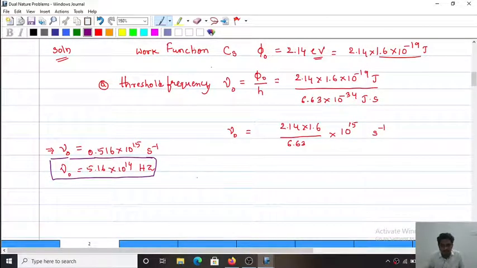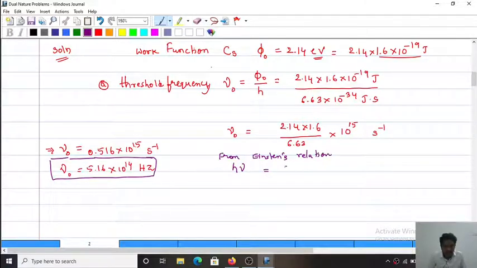From Einstein's photoelectric equation we have one expression, that is h nu. The energy of the incident photon is utilized in two parts.